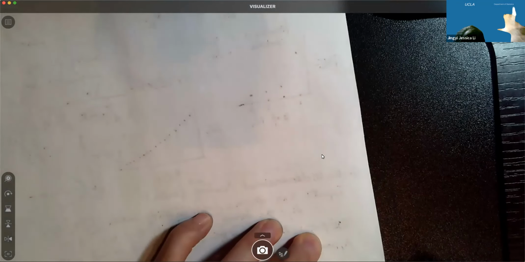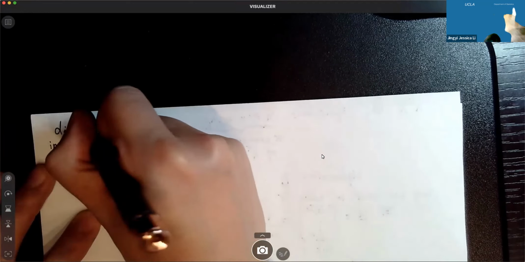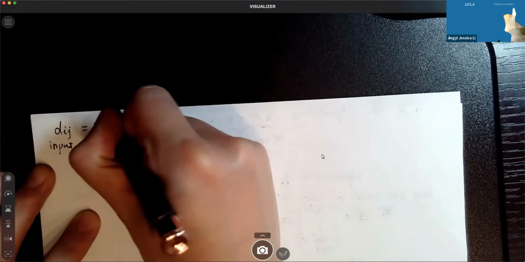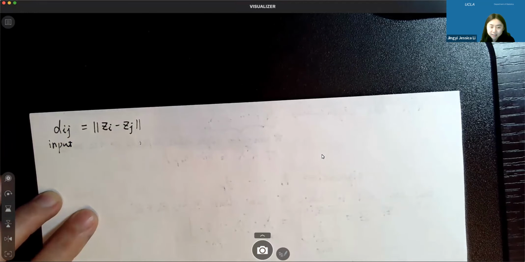Basically, let's consider the Dij. The Dij is our input. We start from here. And we want to set it equal to the Euclidean distance between my to-be-found Zi and Zj.